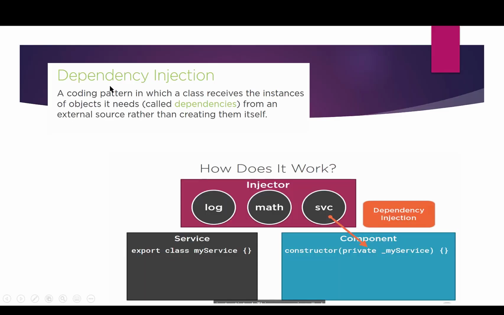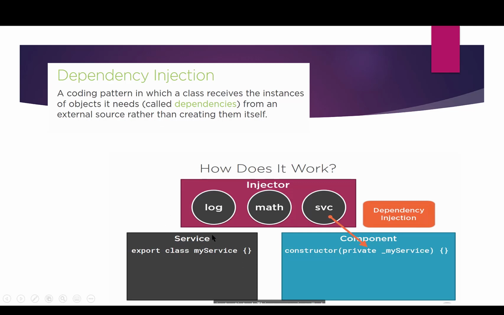Dependency injection is a coding pattern in which a class receives the instances of objects it needs. So the star component or the product component or the app component, whoever needs an instance of our product objects will get it injected, which is also called a service.